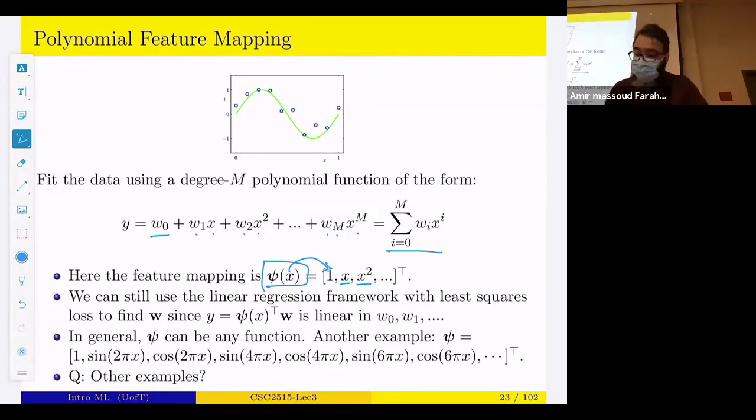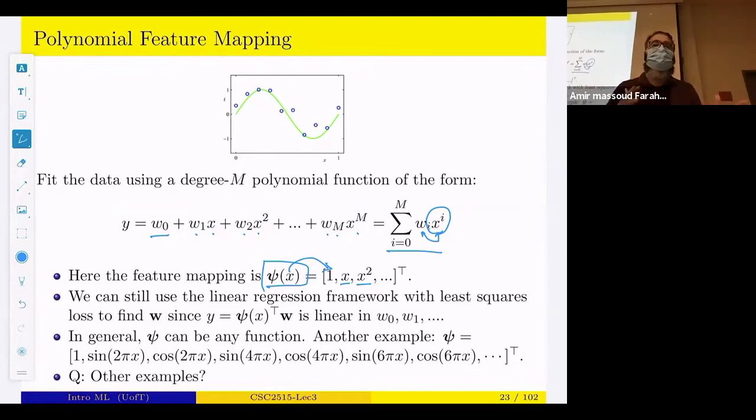Note that this model is not linear in x anymore, since x's are to the power of i. But the model is still linear in weights. We multiply each weight by something that's a function of x, but the relation is still linear.